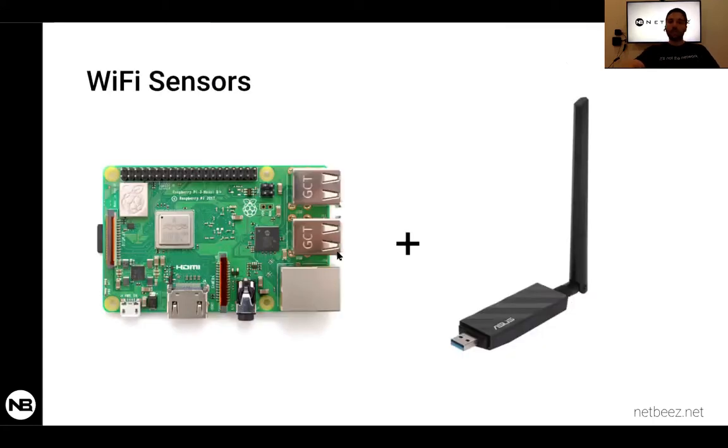Now let's dig a little bit more into the actual Wi-Fi sensor. It's currently comprised of just a small computer equipped with a Wi-Fi card. Typically, you have a choice of going with an in-house solution or a commercial solution. With the in-house solution, it might be a little bit easier to configure the sensors yourselves.